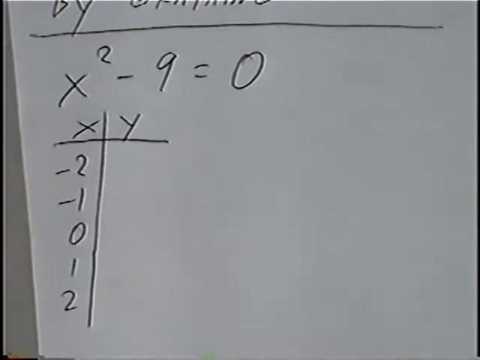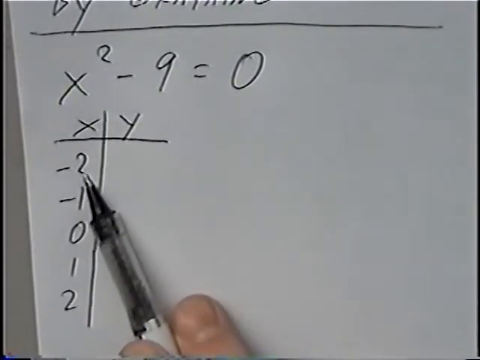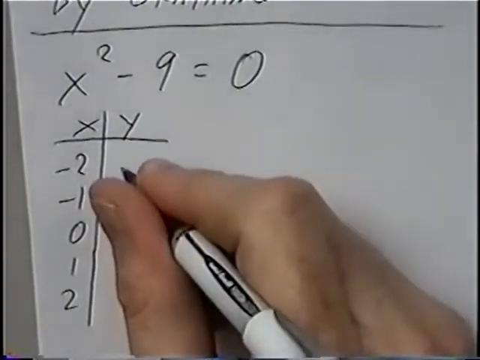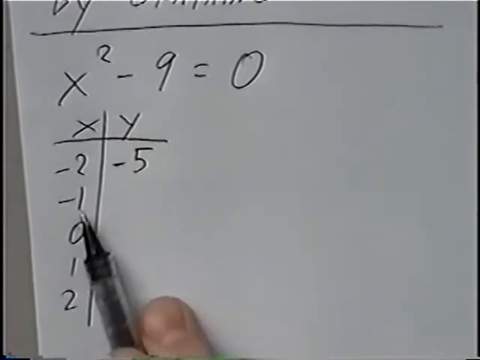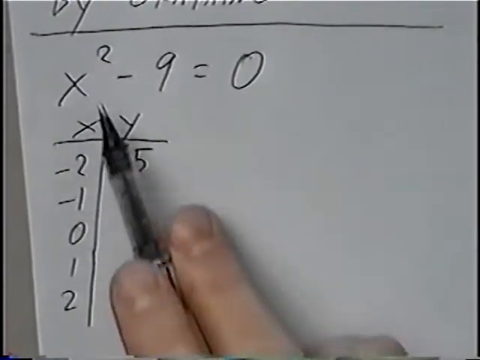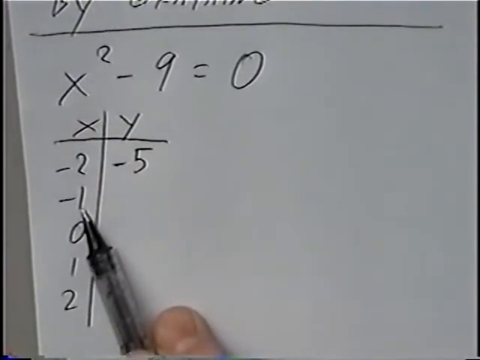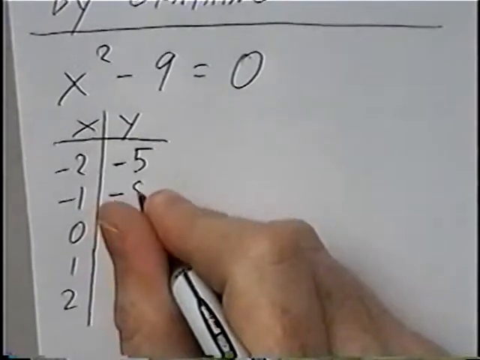If we plug a -2 in, -2 to the second power, again would be -2 times -2, which would be 4. 4 minus 9 would be -5. Plugging a -1 in, -1 times -1 is +1. 1 minus 9 would be -8.